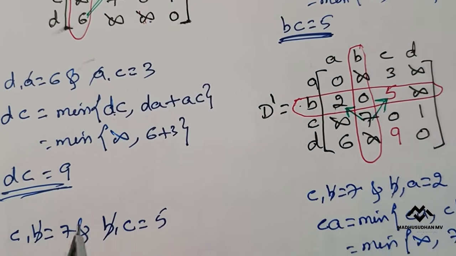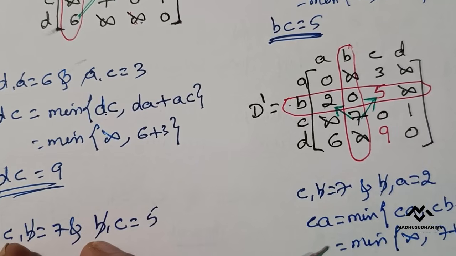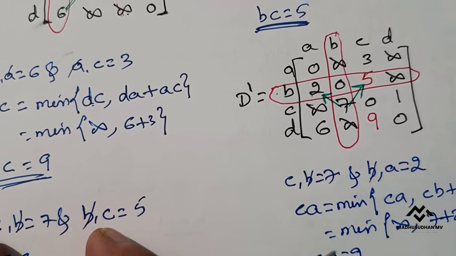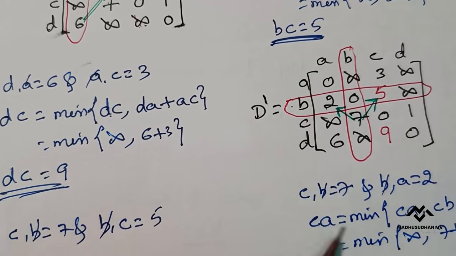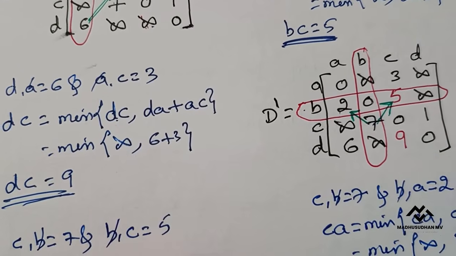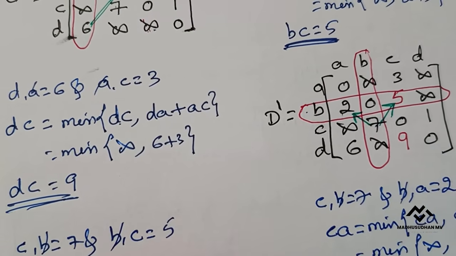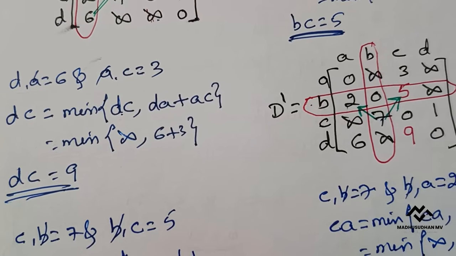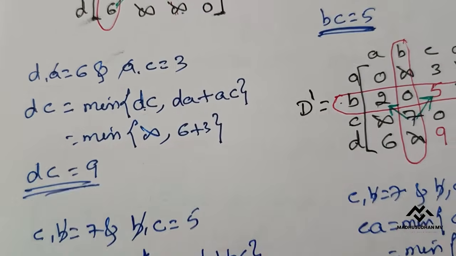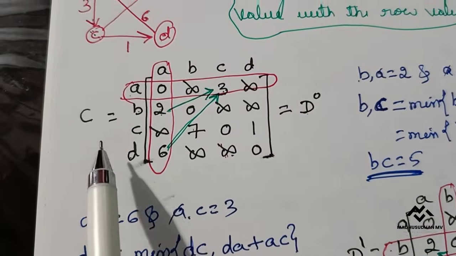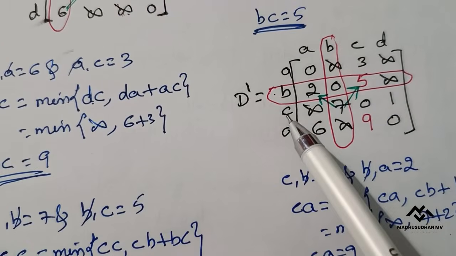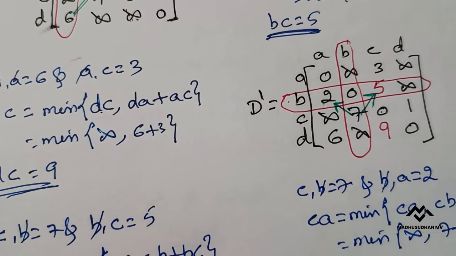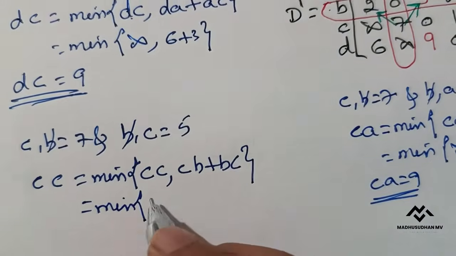C comma C: always take the common inner one, don't cancel the extreme ones; only cancel the internal one. So C comma C is equal to the minimum of CC comma the path CB plus BC. Previously C to C is 0. So minimum of 0.